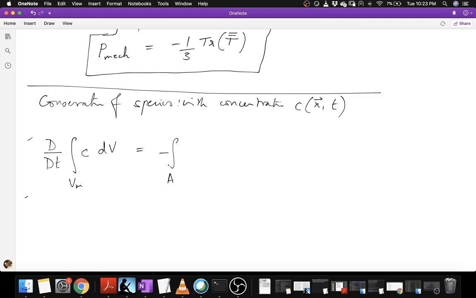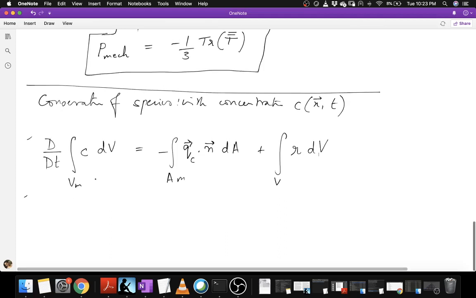So again, because I want to be input minus output, I need a negative sign here. The flux Q of, in this case, species, so I'll put Q_C to differentiate it from the thermal flux, dot N dA, this is over the surface of the material volume, plus any generation inside the volume due to a reaction.